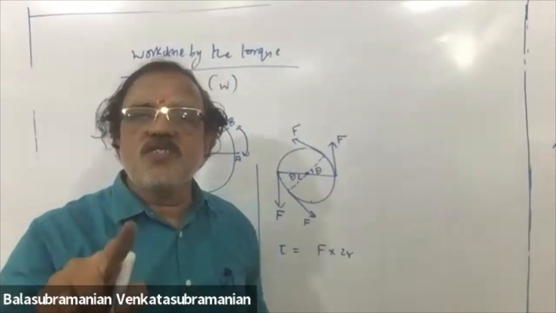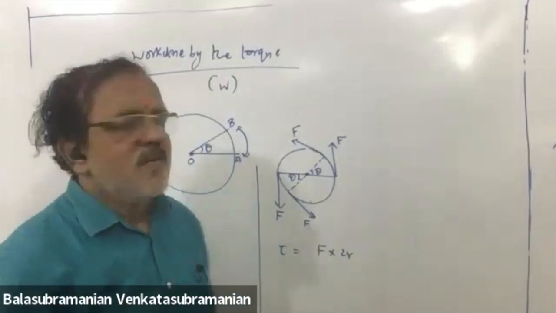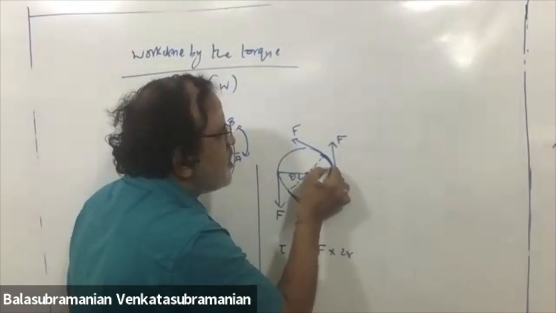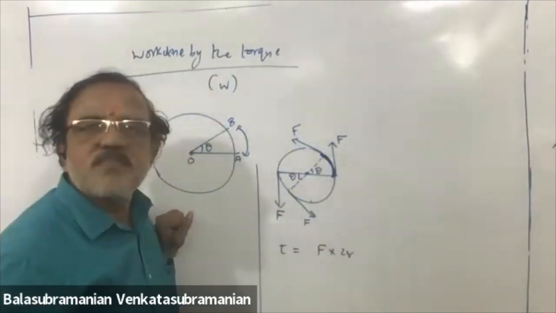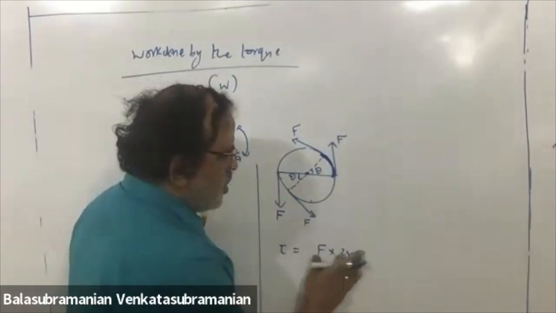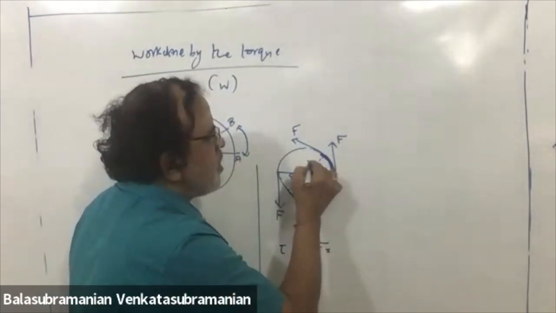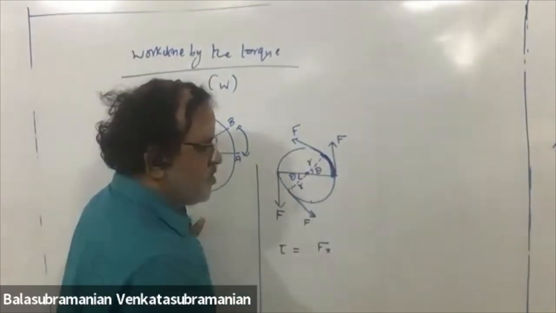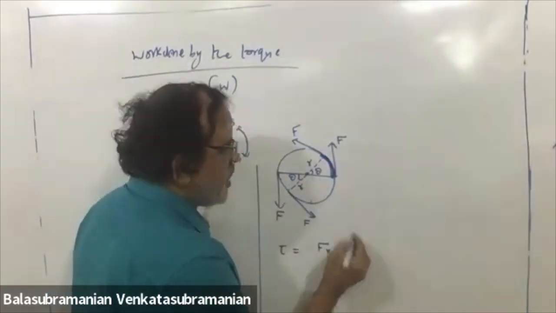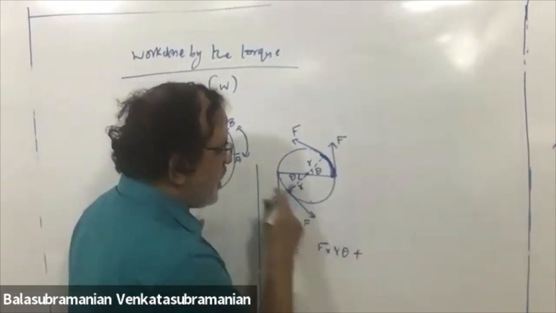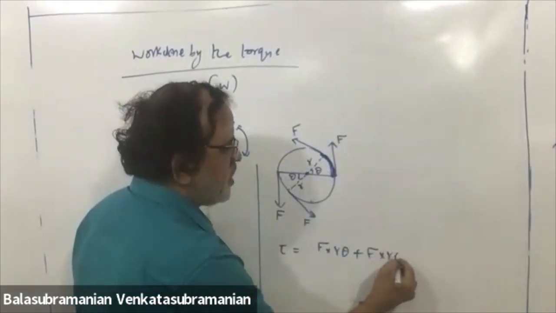Work done is force into displacement. Here the displacement is this one. This is radius R. So F into R theta. Similarly, on this side, F into R theta.